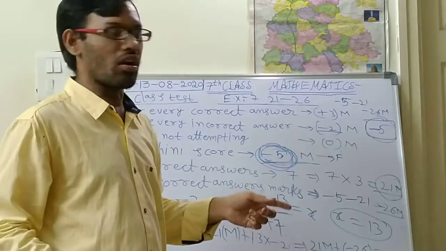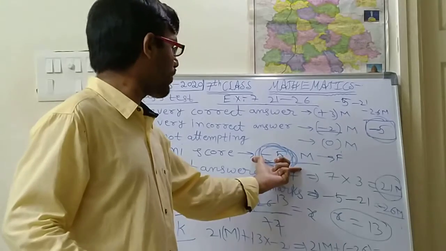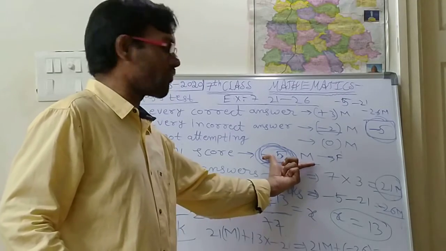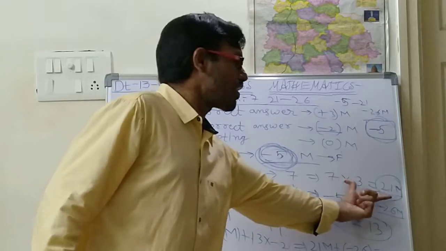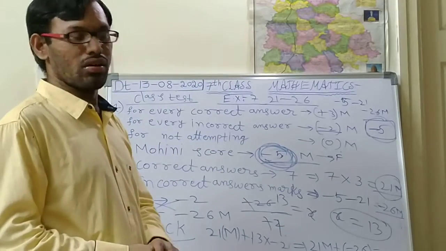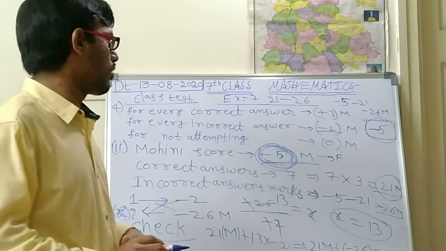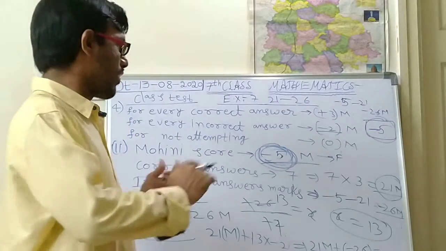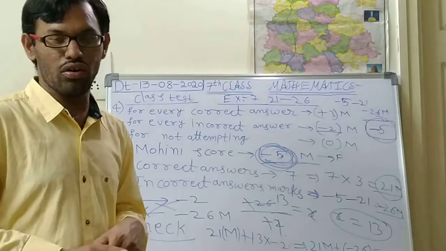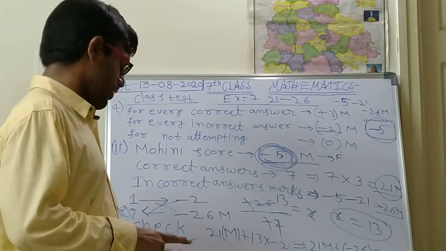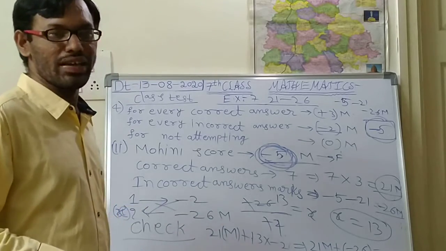But that is wrong. From minus 5, this is the final score. From the final score, we have to subtract the one part of her score. Like this you have to do. If you have not understood, recall once again, you will understand this problem easily.